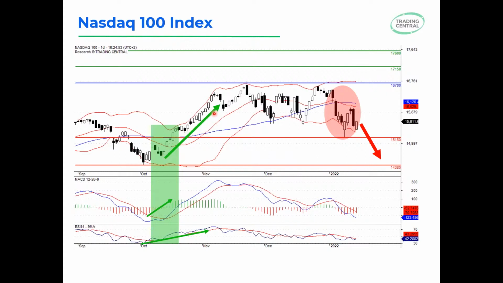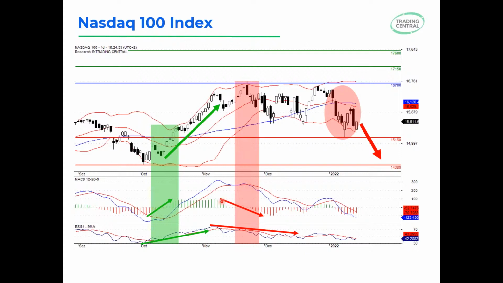Okay, but after the index made, I can say, an intraday record high, it turns down, and you can verify using the MACD here.